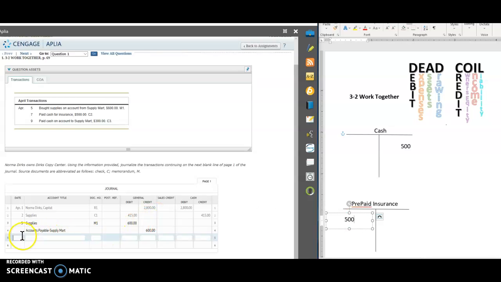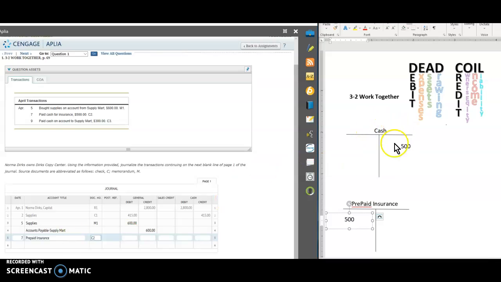All right, so on the date here, the date is the 7th. Our account title that we're going to use is, we have cash and we have prepaid insurance. Now remember, cash is a special column, so you will not write it again. So it's going to be prepaid insurance. I think they keep it lowercase. I shouldn't have capitalized it. Our document number is check number 2, so C2.